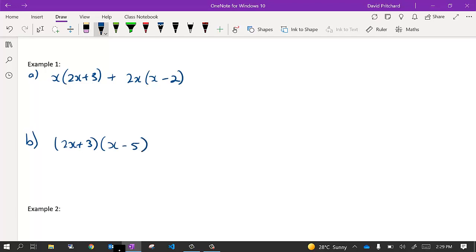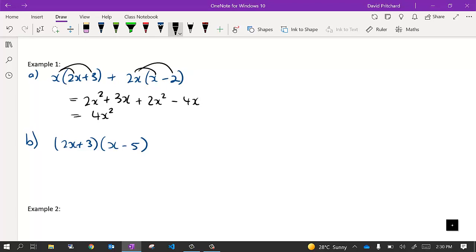Okay, so example 1, nice and easy, focusing on simple distributive law. So here we've got 2x squared plus 3x, and then 2x squared, because that's a negative, it's subtract 4x. So 2x squared and 2x squared makes 4x squared, and we've got 3x, take 4x, that ends up with negative x. Second one, we're just using our FOIL or crab claw, or basically multiplying everything in the first bracket by everything in the second bracket.